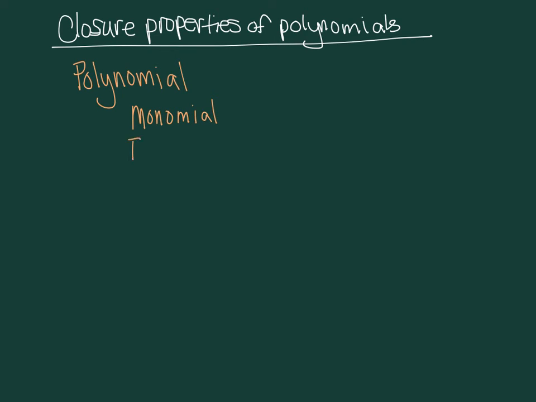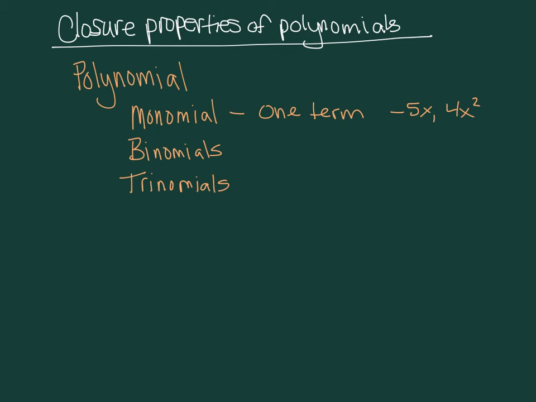monomials, binomials, and trinomials, right? And we know monomials have only one term. So that would be something like negative 5x or 4x squared. Those are just single terms.